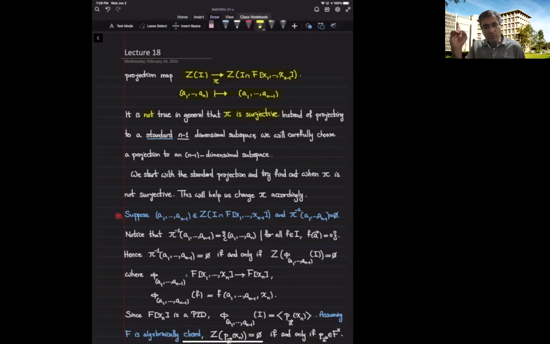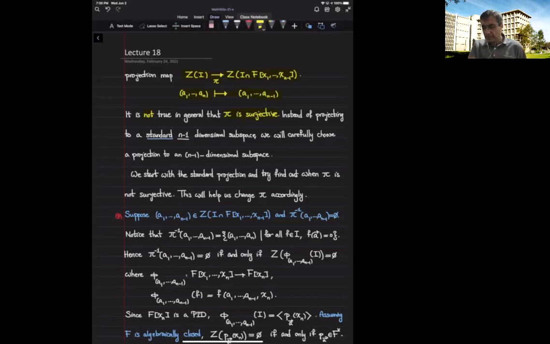We start with a situation where pi is not surjective, and pinpoint exactly what happens when this is not surjective, and then try to avoid it by replacing the standard n-1 dimensional subspace by some other n-1 dimensional subspace where that problem doesn't arise. So that's our method of finding some element inside Z(I) under the right condition.